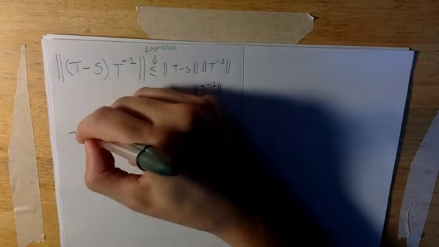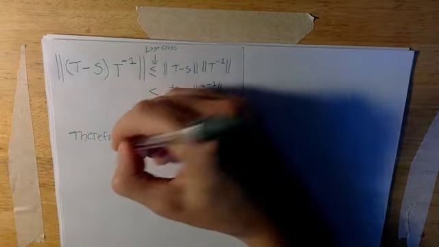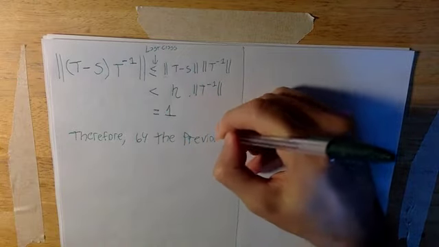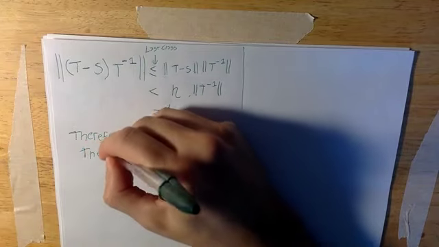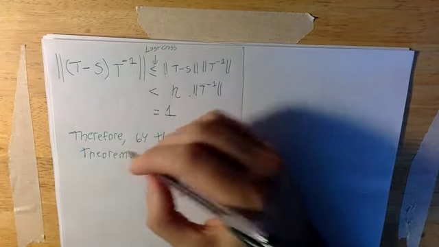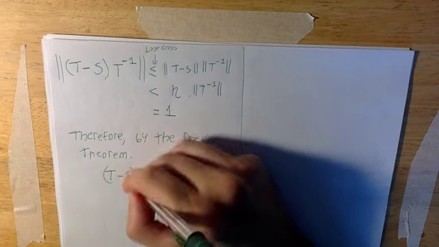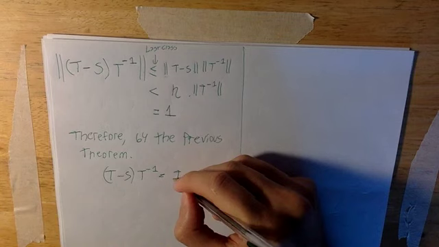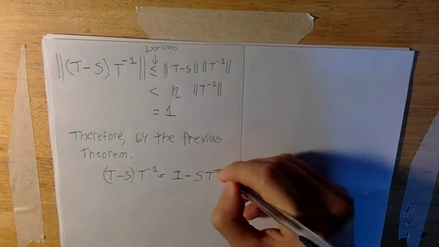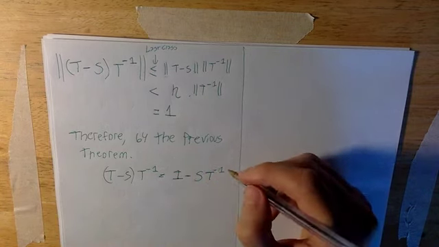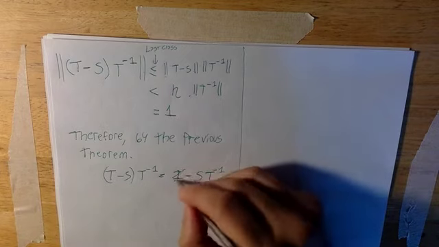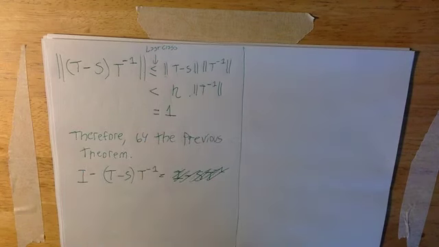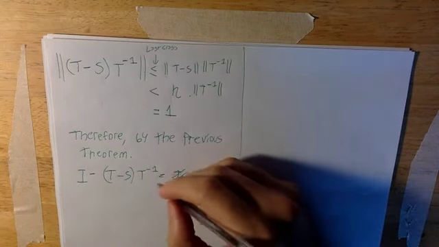Therefore, by the previous theorem, identity minus T minus S times T inverse is invertible.